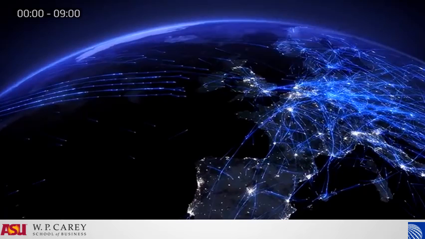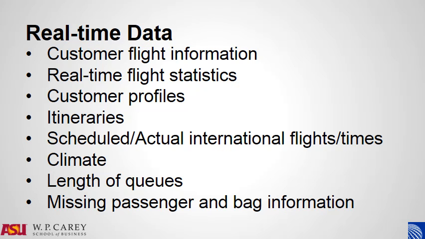We believe that this image illustrates why real-time data is needed. All of these different data points are airplanes, and within each one of those data points are a few hundred more data points. Those are the customers. These are all changing and moving in real time, and it needs a data system to support it. Real-time data includes customer flight information, real-time flight statistics, customer profiles, itineraries, and scheduled versus actual international flights and times.